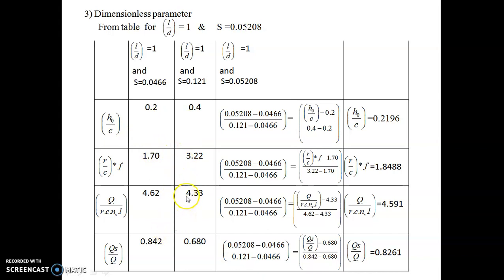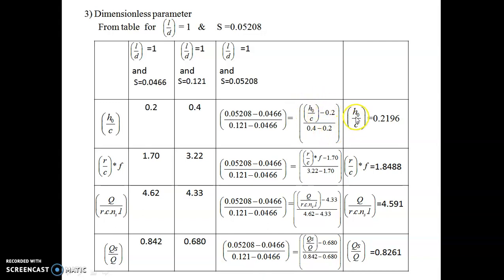Now we will do the interpolation. Consider this value as x1, this as x2 and this as x. This is y1, y2 and y. We will do the interpolation: x minus x1 divided by x2 minus x1 is equal to y minus y1 divided by y2 minus y1.